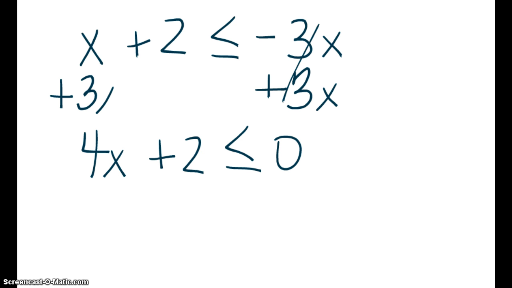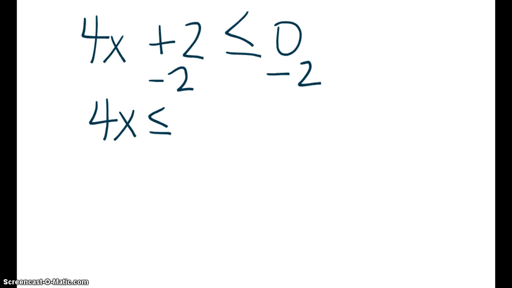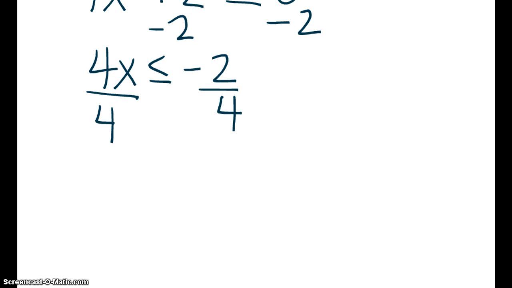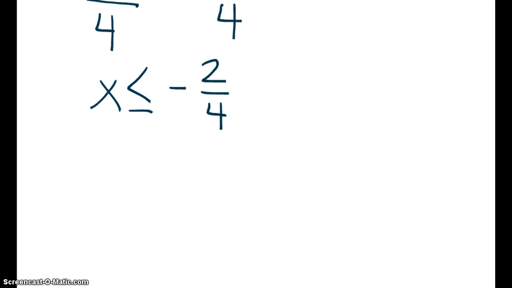So now I'm going to subtract 2 and subtract 2, so I have 4x is less than or equal to negative 2. Divide by 4 and divide by 4. So x is less than or equal to negative 2/4. Now you do have to simplify this. You can leave it as a fraction, but it needs to be simplified to negative 1/2.